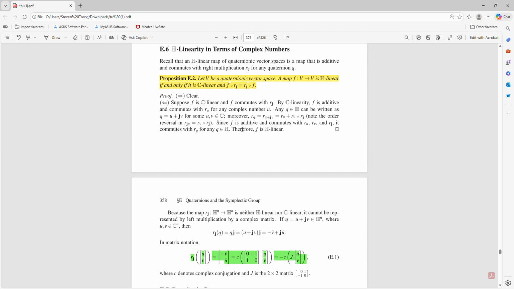Since F is additive and commutes with R_mu, R_V, and R_j by the C linearity, we can get that for any q belonging to H, R_q commutes with F, so F is H linear.